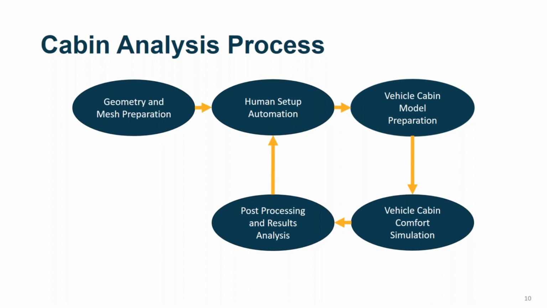So what this does is this goes through, sets up your entire simulation, runs your entire simulation, and post-processes the simulation and repeats. And this is great for automating our setup, so we don't have to go through and make manual selections of our part types, manual selections of our human setup. So you don't have to manually set up your entire model.